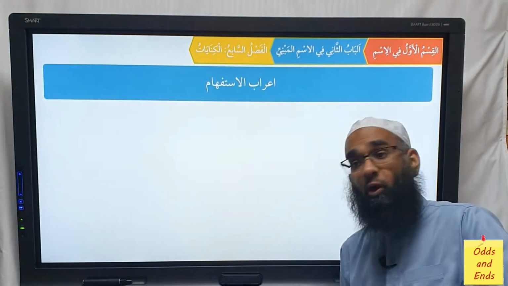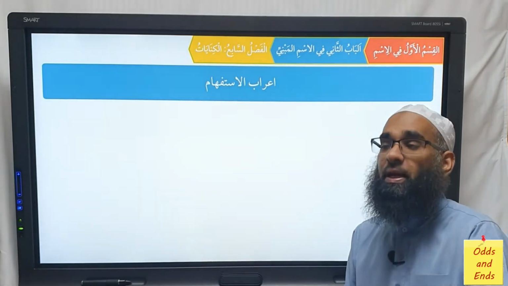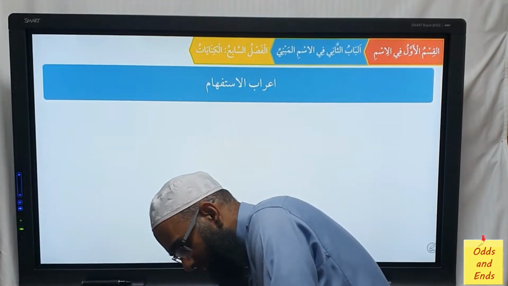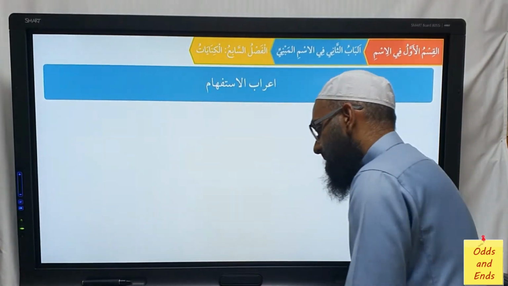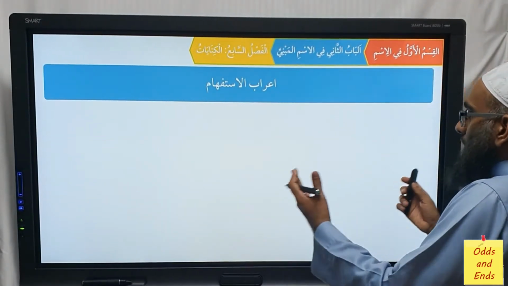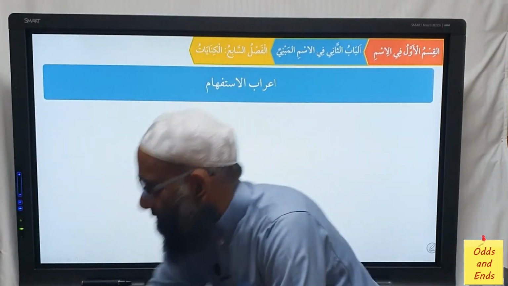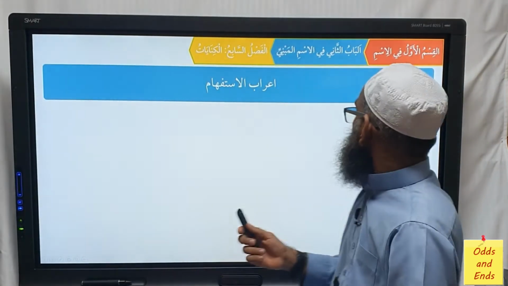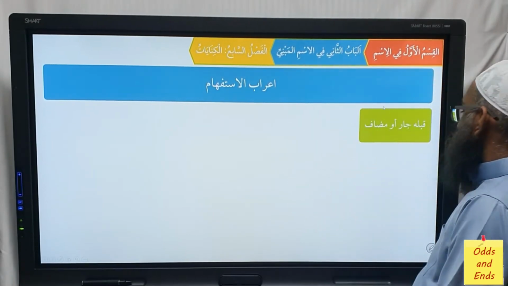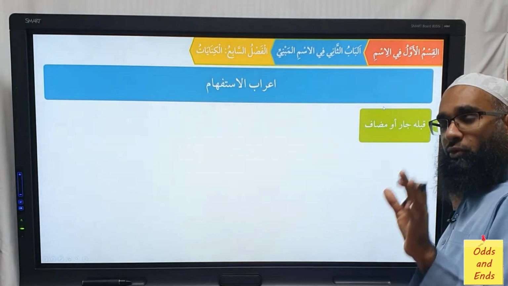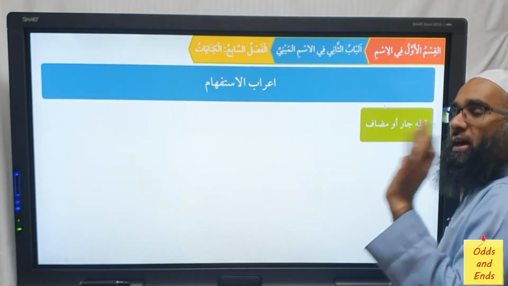How do you do I'rab of this Istifham? What does it become? So if you have a look at this chart, you will see that he divides it quite nicely. The first we have here is, we will either have a Harfun Jar or a Mudaf before that Ismul Istifham.